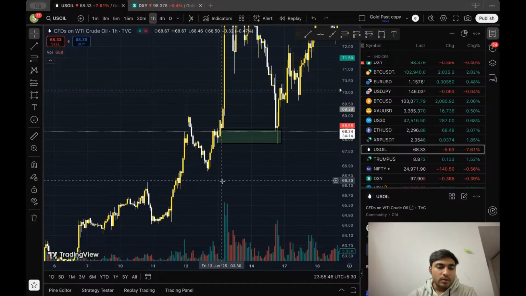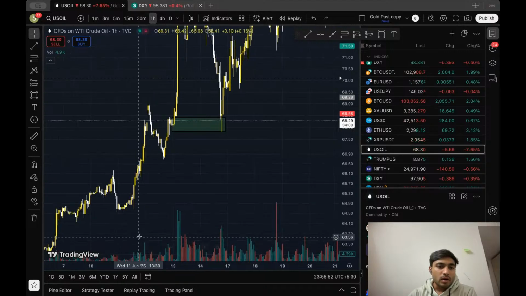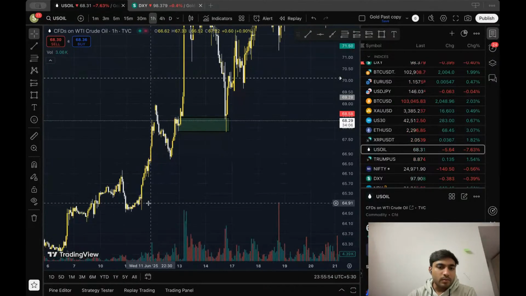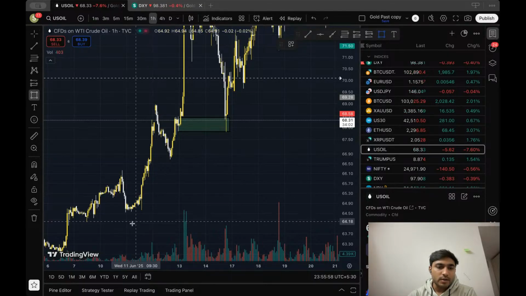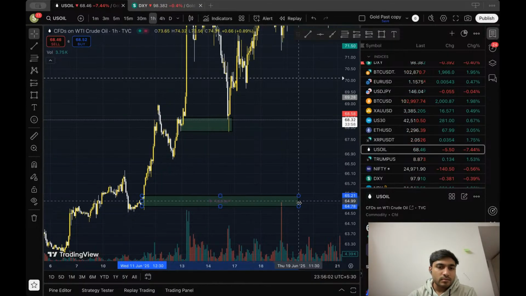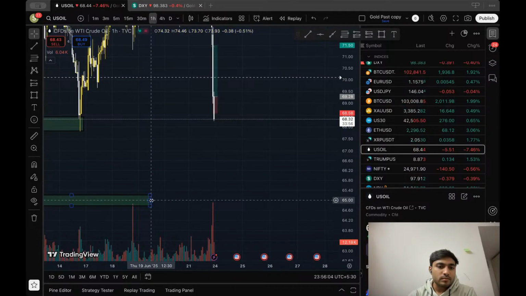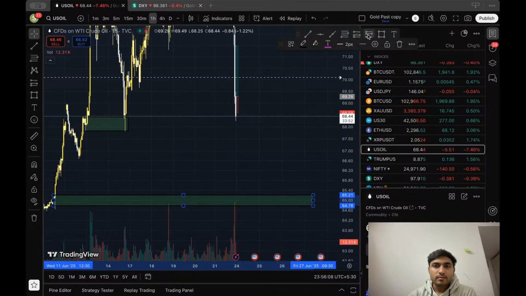Still, I'm telling all these levels based on the gold levels, so I have no idea, but I think this would be a better support to buy if it comes to this level. Trade should be something like this.